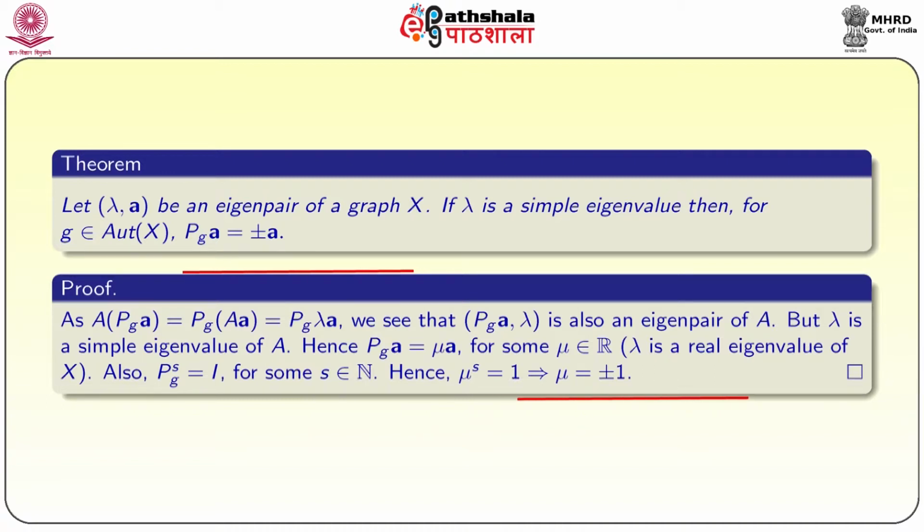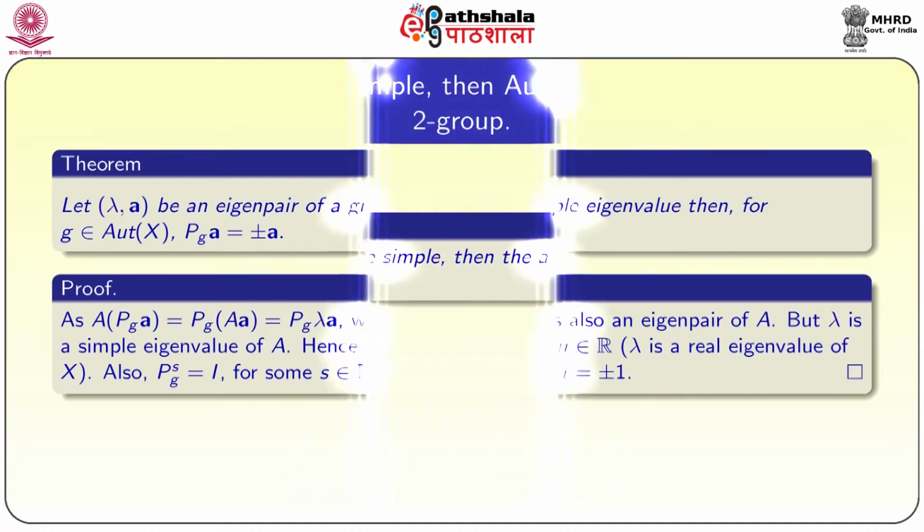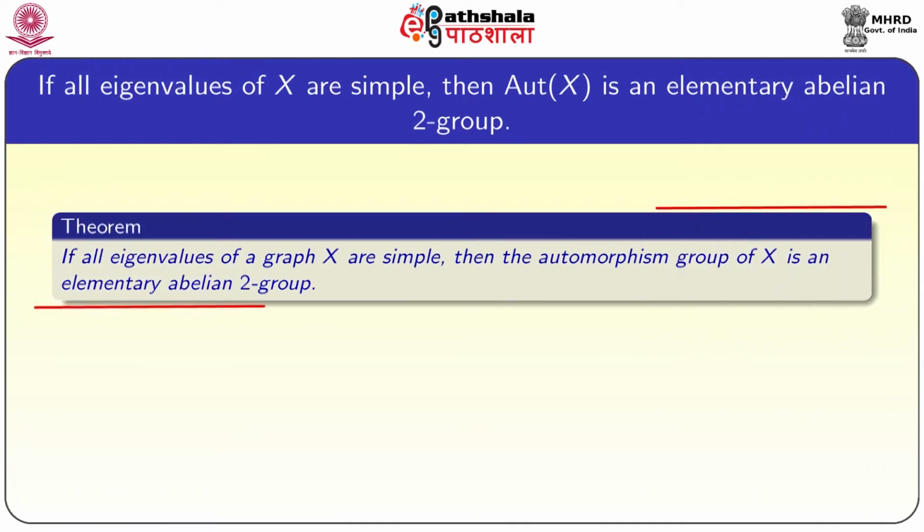Now P_g to the power s is equal to identity for some s in N, as P_g is a permutation matrix, an element of the group S_n. So, we have mu to the power s equal to 1, and since mu is real, mu equals plus or minus 1.